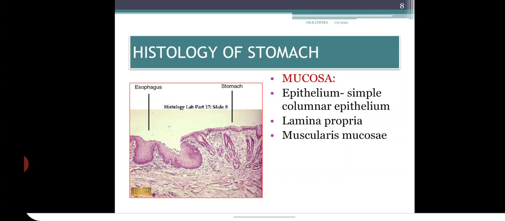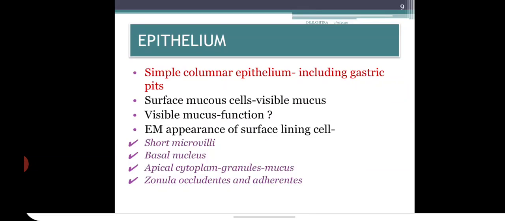Its mucosa is made of simple columnar epithelium, lamina propria, and muscularis mucosae. The simple columnar epithelium presents the gastric pits. There are surface mucus cells, which secrete the visible mucus, and its function is obvious.